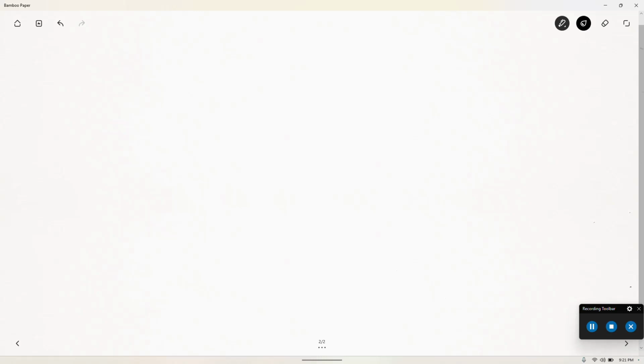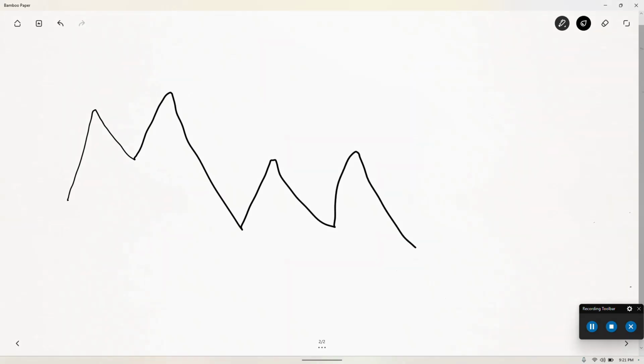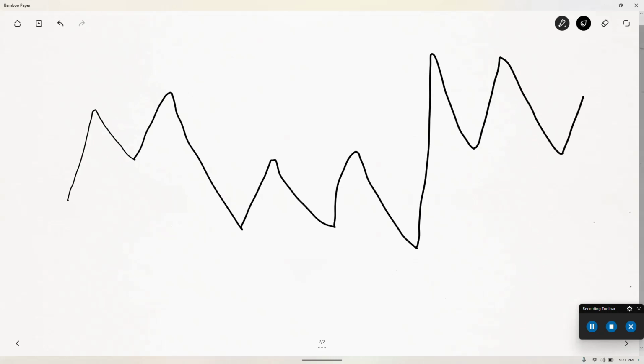I don't know how to draw, so you have to manage it. So when you see something like this, all right, once you see any chart like this, look at the chart very, very well and try to know what is happening in the market.